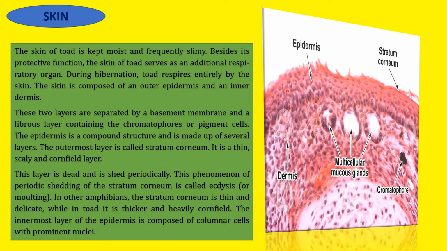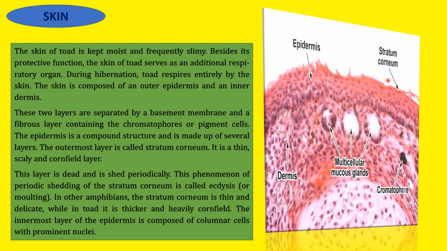So now this is stratum corneum. You can see this layer in the periphery is called stratum corneum. It is a thin layer, scaly layer. That means it is made up of scale-like structures and corn-filled layer. You know the external structure of toad. Just remember this.